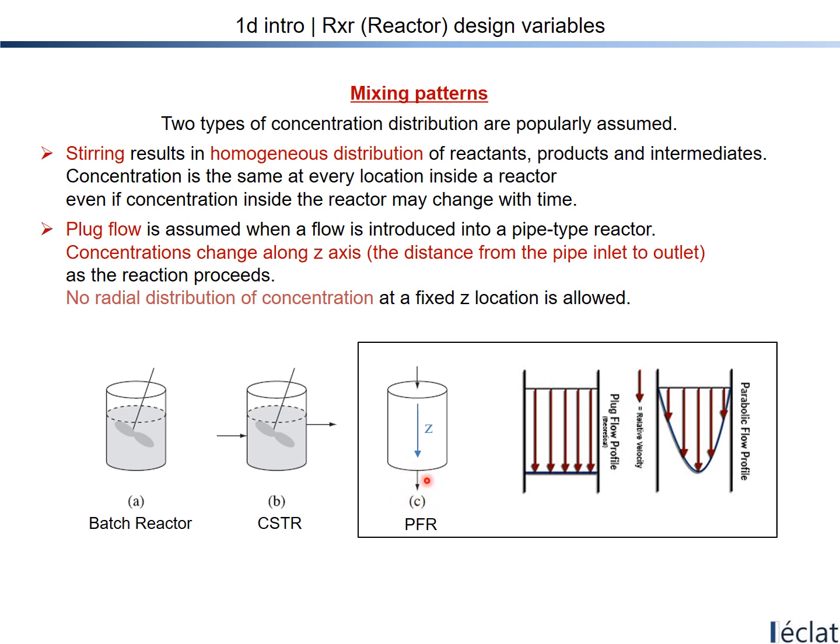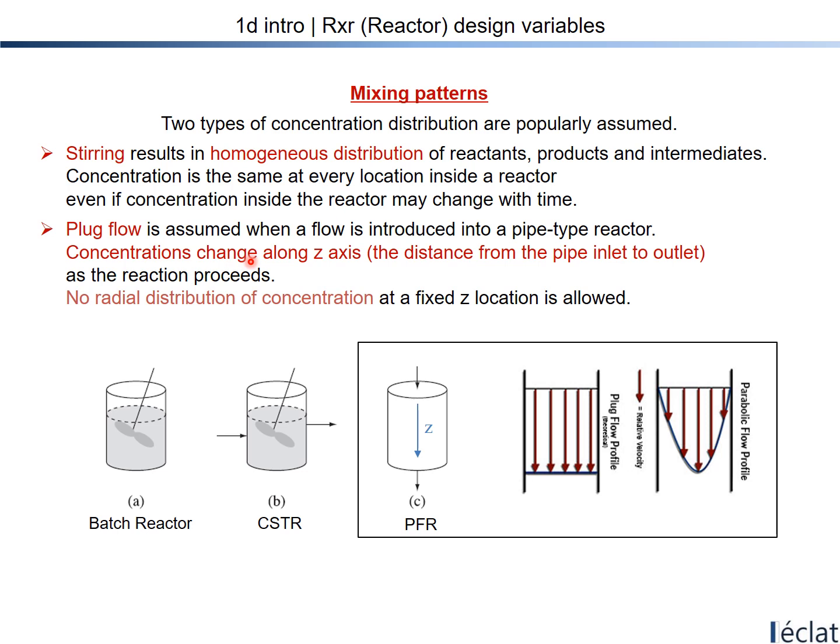Inside the reactor, usually we assume this kind of plug flow, even if in the real situation we would meet parabolic flow profiles. For simplicity, we are assuming the plug flow profile inside the plug flow reactor.